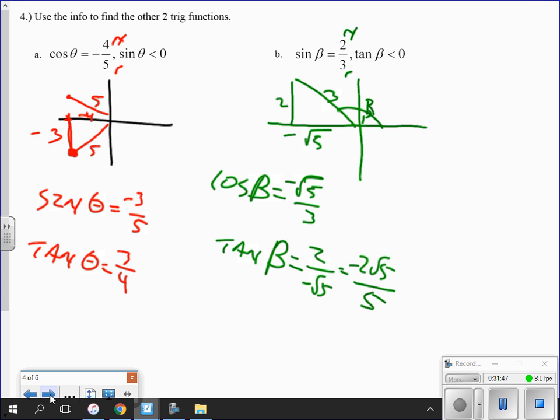The numerator is my x-coordinate for that point. Where do I have a negative 4? I can have a negative 4 for an x here, and I can have a negative 4 for an x down here. That tells me my 2 possibilities to begin with. I eliminated this one because the sine was also negative, which means my y is negative. If your cosine is negative, your x is negative. If your sine is negative, your y is negative. This is where both the x and the y are negative. Okay? Logic and reasoning. That's what you're going to learn in this class, whether you want to or not.